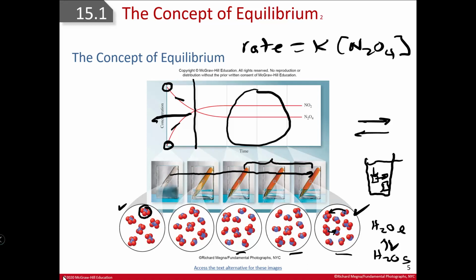That's what we mean by equilibrium. It's dynamic, and as long as there's ice present and there's water present, there is a dynamic equilibrium. So the same thing here, as long as there's nitrogen dioxide present and dinitrogen tetroxide present, then there's going to be a dynamic equilibrium.